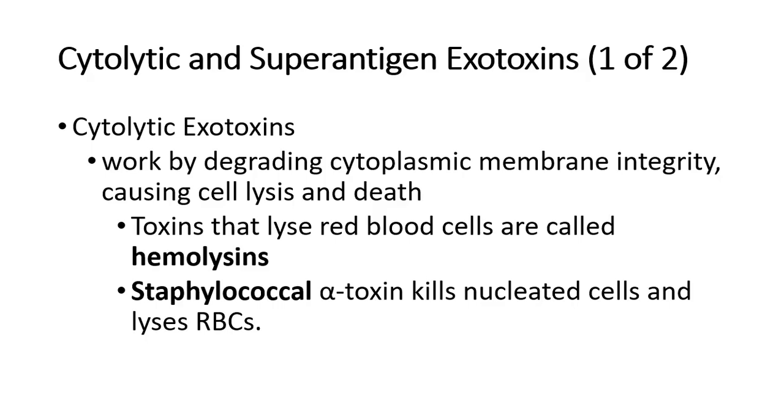Staph has an alpha toxin that lyses red blood cells. We can see this on a blood agar plate. And then, we'll talk about this. We have alpha strep, strep pyogenes, that's strep throat.